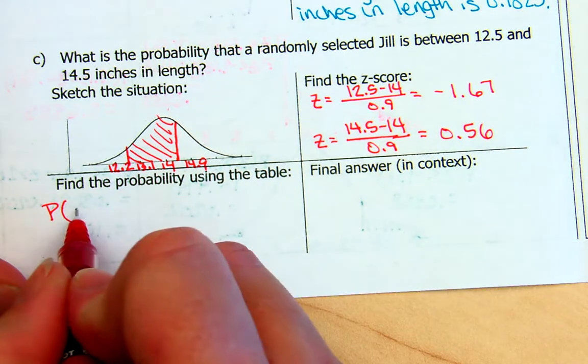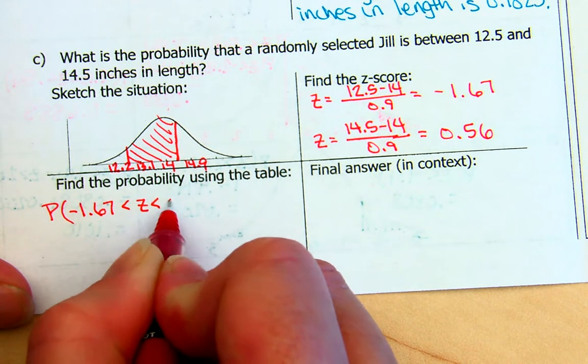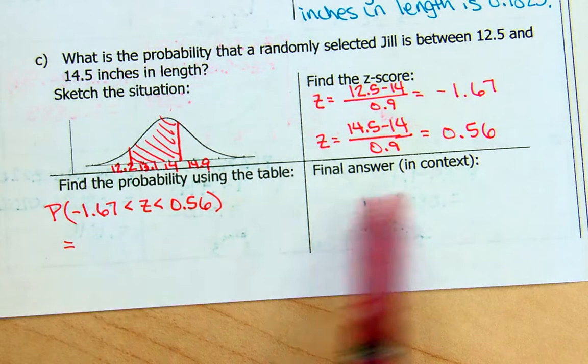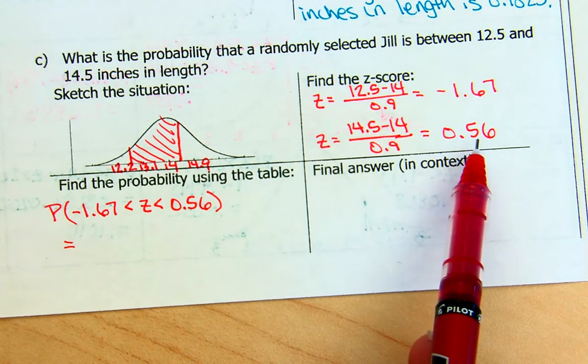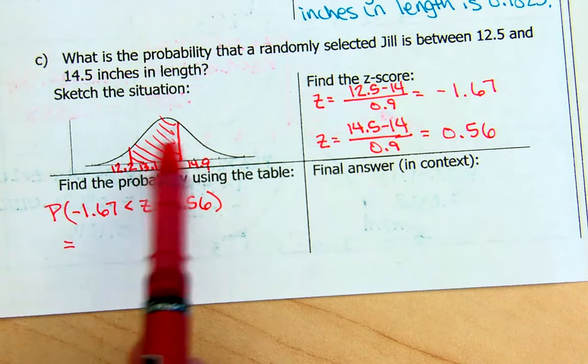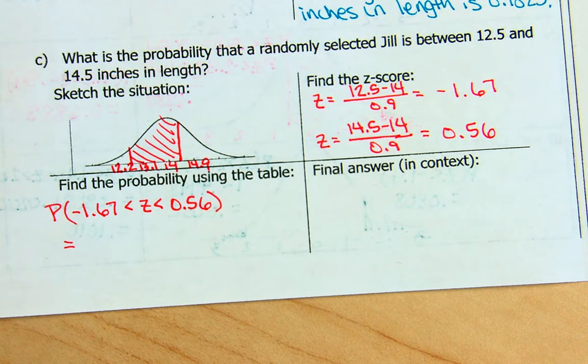of a z value between those. So to do that, I'm going to look up this z value, find that probability, find this probability, and subtract them. So I always do the one on the right minus the one on the left, so I end up with a positive value. You should always get a positive number for your probability. So I'm going to look up the 0.56.